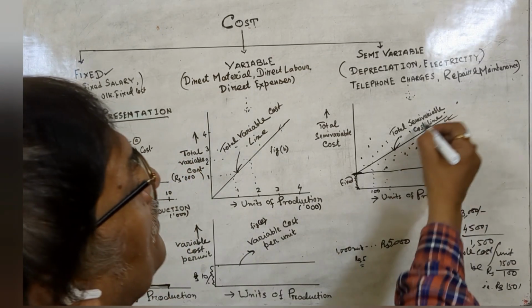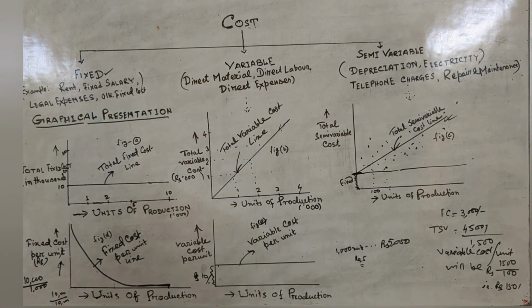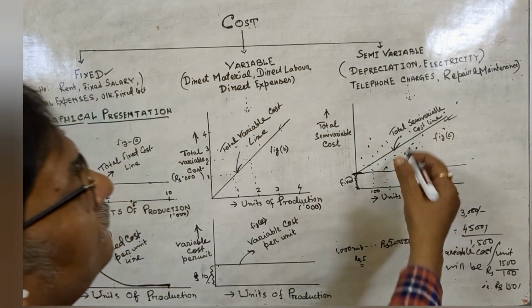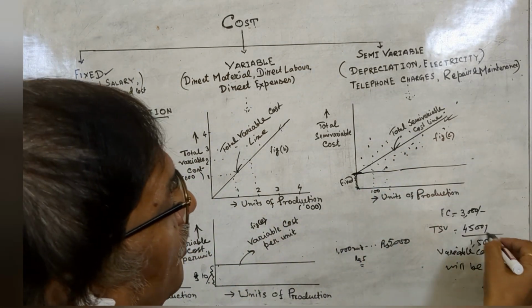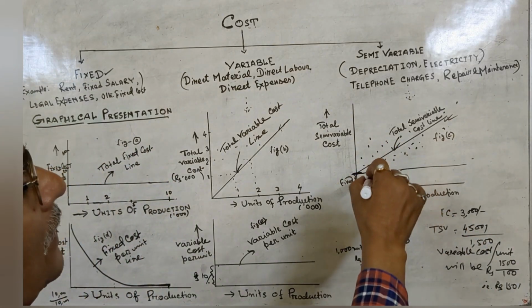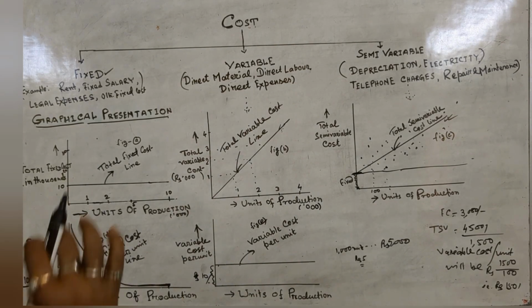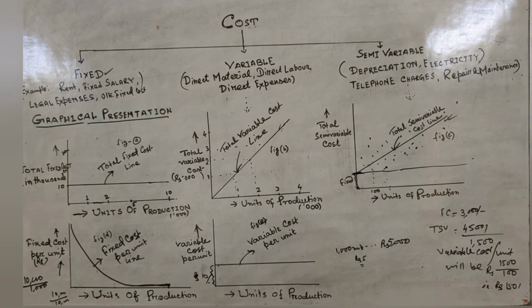In this way, for any point you can find out, you can check the variable cost per unit remains the same, and fixed cost you can calculate from the graph in this way. So this is the basic concept for behavior-wise classification of cost.